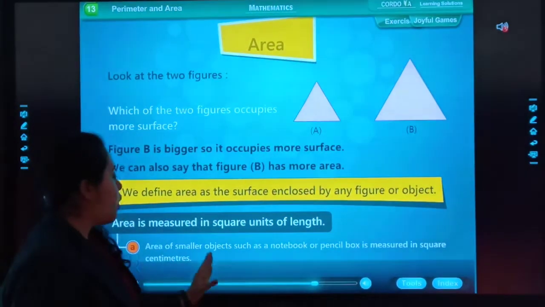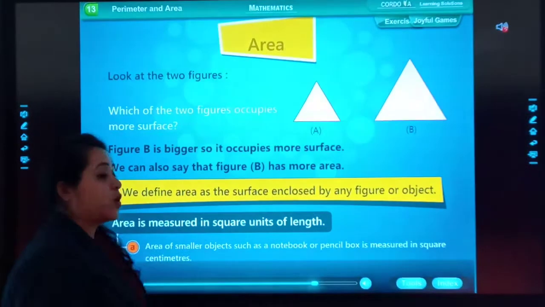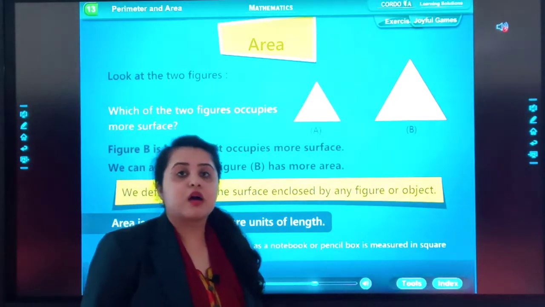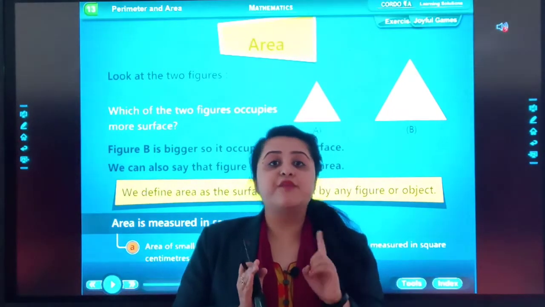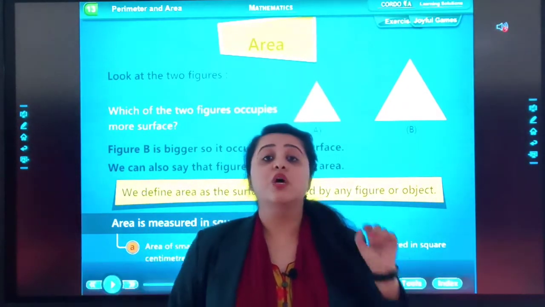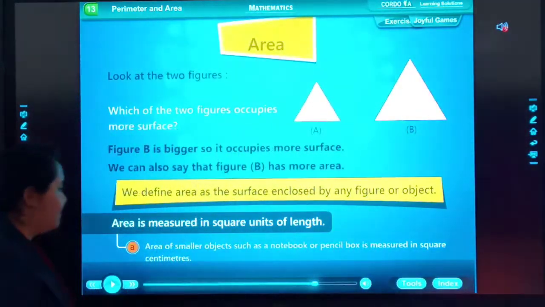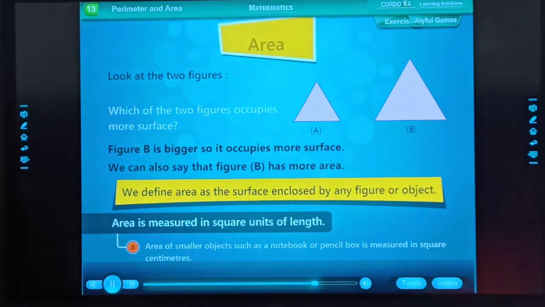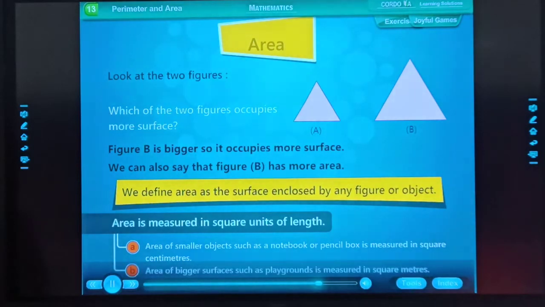Area of smaller objects such as notebook or pencil box is measured in square centimeters. अगर object कोई छोटा होगा, we will be using centimeter, and if the object or that material is occupying more space, we will be using meters for that.